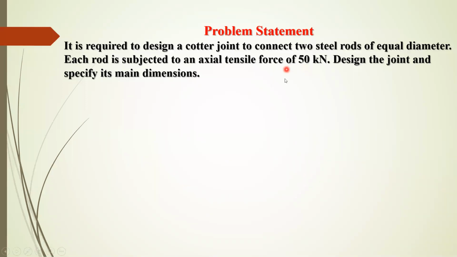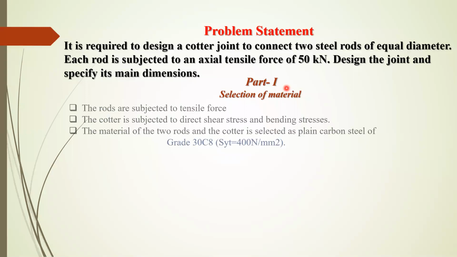In this designing procedure, it is divided into a number of parts. Part one is selection of material. In this selection of material, as we discussed previously, the assumptions made, and by those assumptions, we have to select the material. As the rods are subjected to tensile force, this is the first assumption we made. Then the cotter is subjected to direct shear and bending stresses.